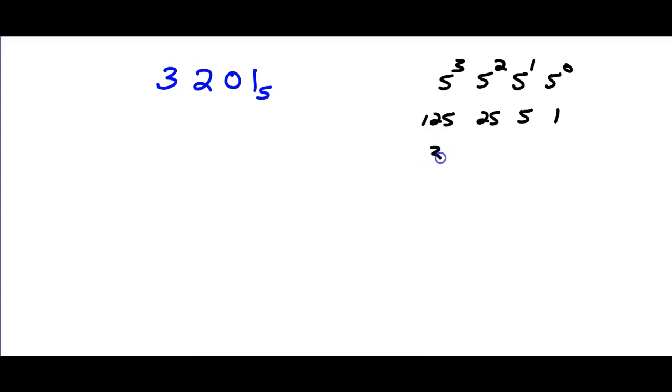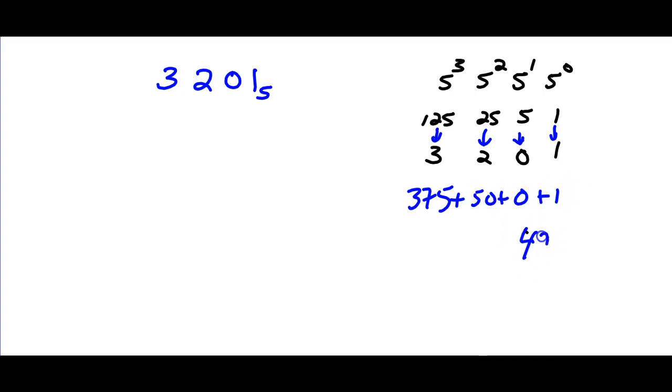You've got 3 125s, 2 25s, 0 5s, and 1 1. Multiplying these, this is 375, this is 50, this is 0, and this is 1. Then we're going to add them up. 375 plus 50 is 425, plus 1 is 426. That's base 10. So that's going from base 5 to base 10.